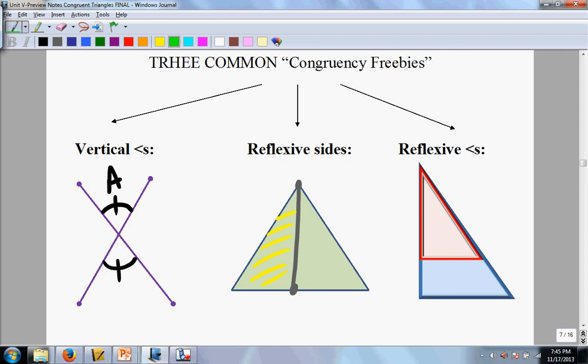We have the yellow and the green triangle. The yellow and green triangle exactly share this side. That's called a reflexive side. If you see it, you should hatch it and put an S for side because it's a shared side. It's a congruent side. It's called a reflexive side.